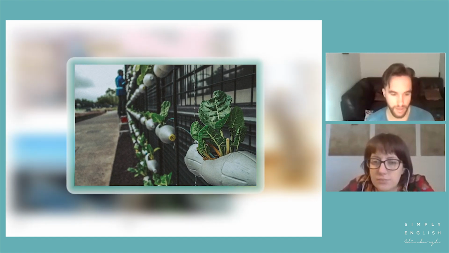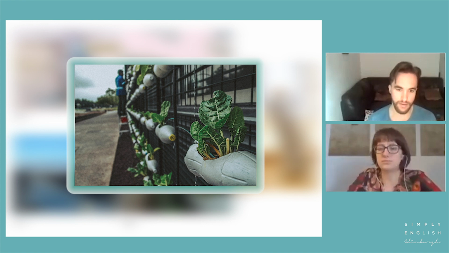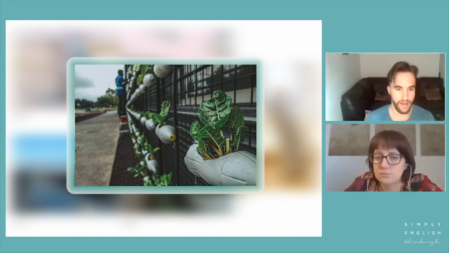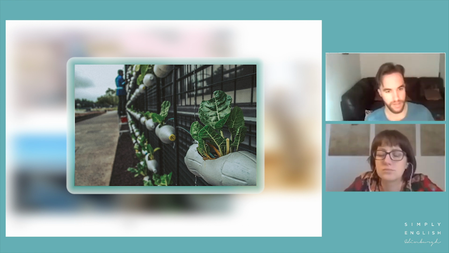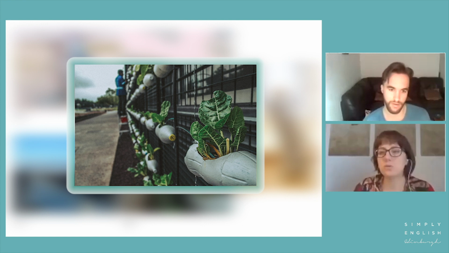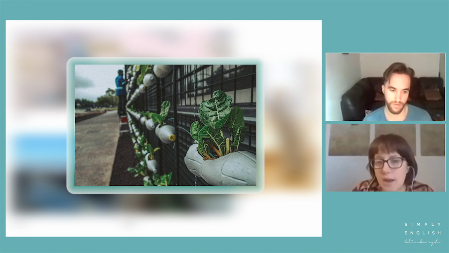I think that vertical gardening can be a part of a small change in every person's life, because everyone, for example, places plants in his or her flat. What do you think? Yeah, absolutely, and it helps to reduce the carbon footprint by having a lot of plants on our balconies.